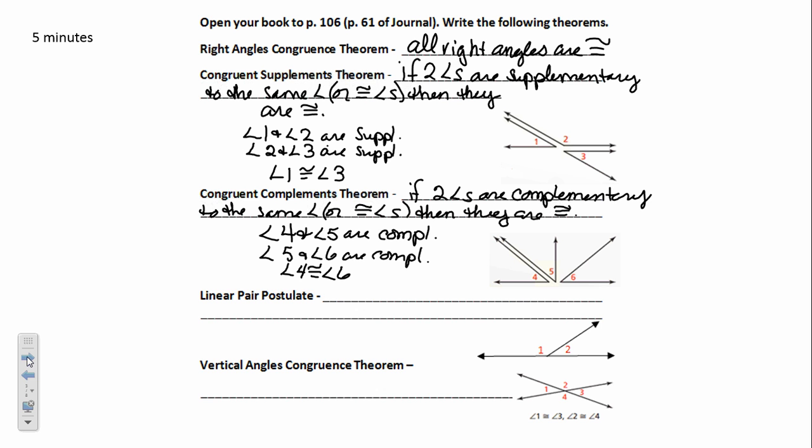Linear pair postulate. What does your linear pair postulate say? Top of page 108. Very good. If two angles form a linear pair, then they are supplementary. This is something from last chapter.